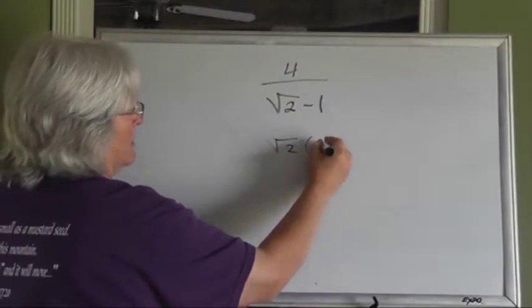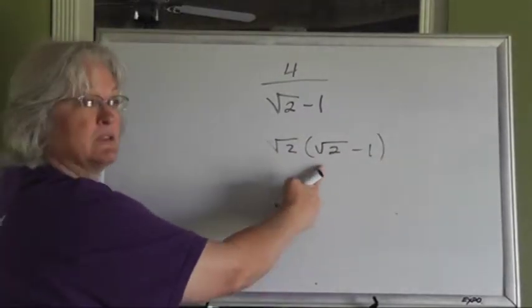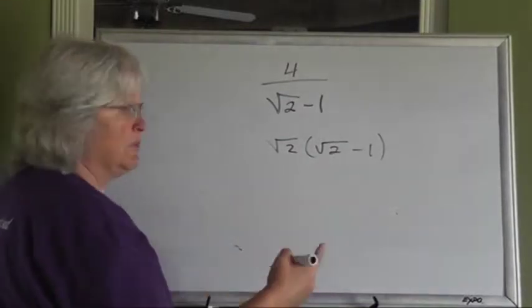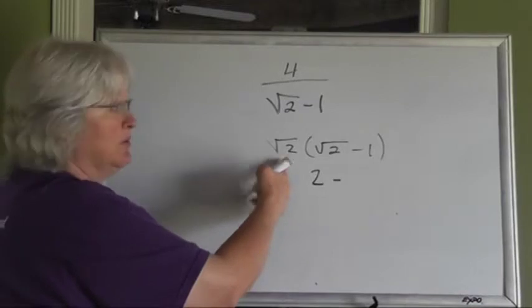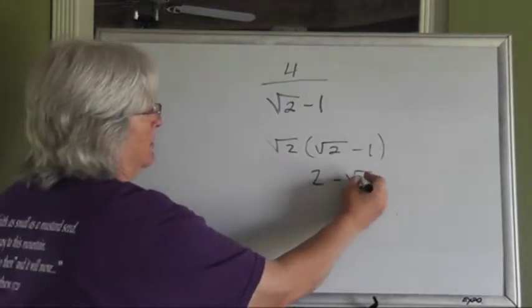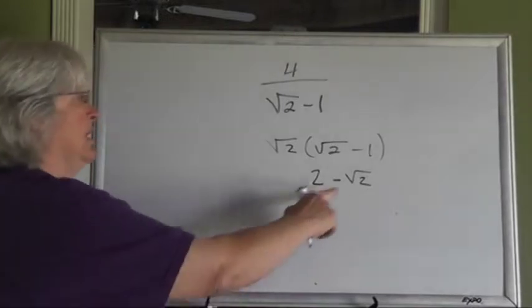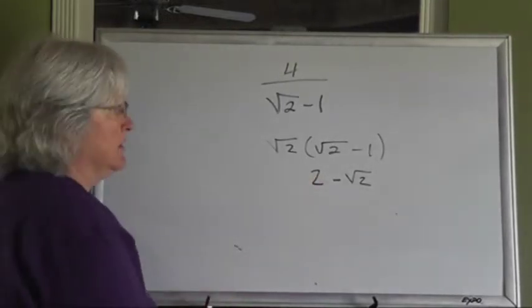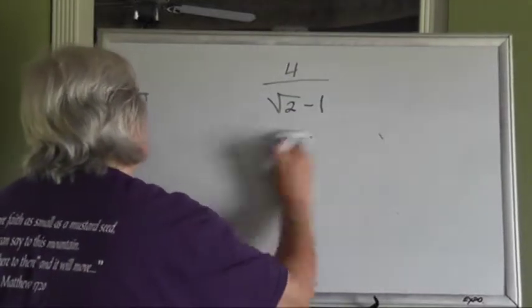Square root of 2 times the square root of 2 minus 1. The square root of 2 times the square root of 2 is the square root of 4, which is 2. But now we have the square root of 2 minus 1 times a negative 1. So we still have our radical in the denominator. Doesn't help us at all.